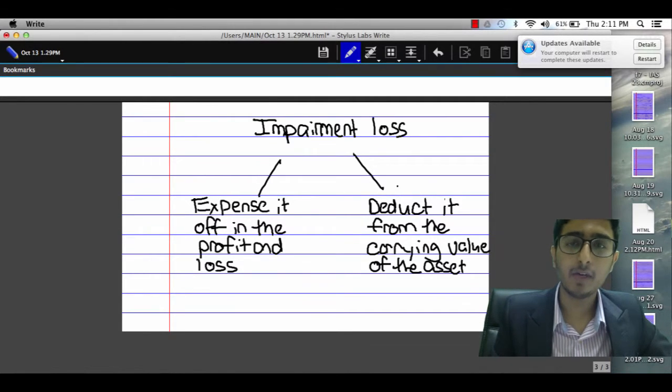Now, why do we have to deduct it from the carrying value of the asset? As I said earlier, impairment means that there is a fall in the value of the asset. Now, applying the prudence concept, we do not want to overstate our assets. That is why we will deduct it from the carrying value of the asset.